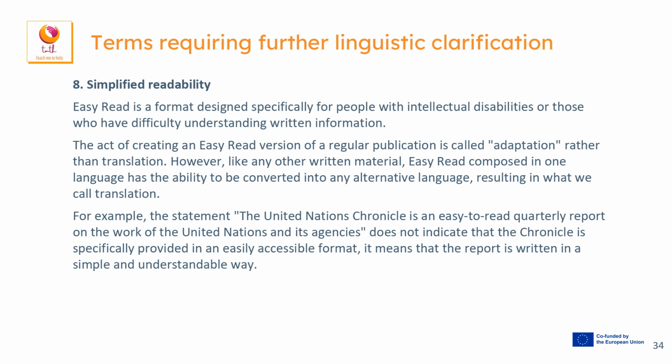However, like any other written material, Easy Read composed in one language has the ability to be converted into any alternative language, resulting in what we call translation. For example, the statement, "The United Nations Chronicle is an easy-to-read quarterly report on the work of the United Nations and its agencies," does not indicate that the chronicle is specifically provided in an easy, accessible format. It means that the report is written in a simple and understandable way.